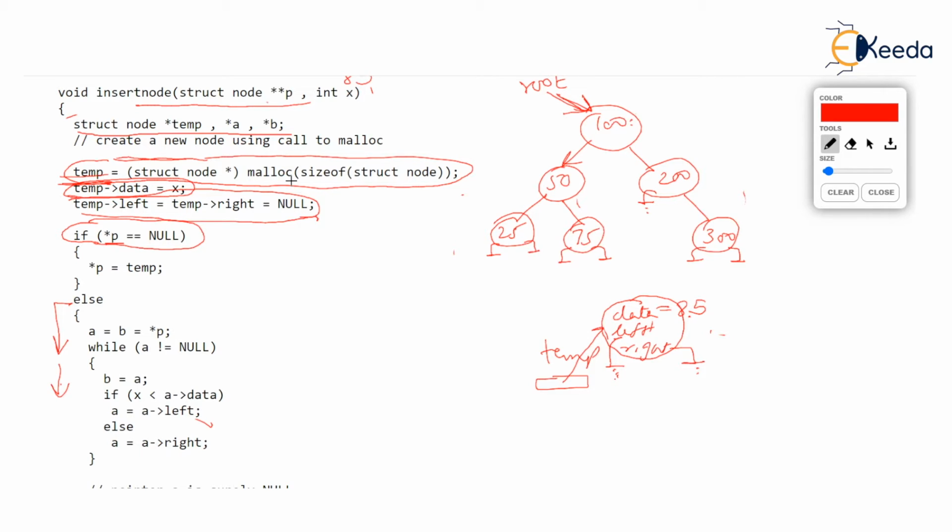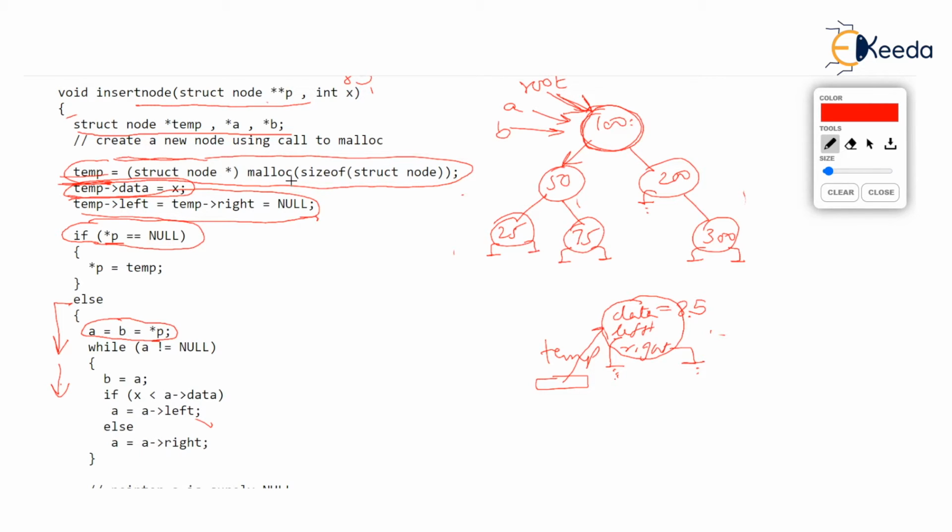In the else, we use two pointers A and B, and A and B point wherever root points. A equal to B equal to root, this is. So both A and B point at 100. Now A and B are going to help us in one thing.